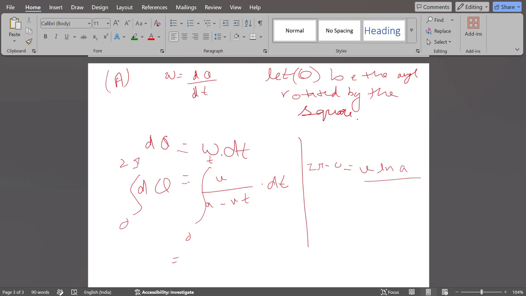It would be natural logarithm of a minus vt upon minus v, the coefficient of t, into a. We can also write it as logarithm of a upon a minus vt.